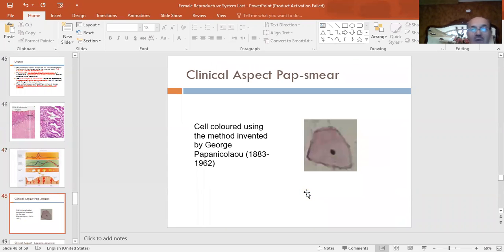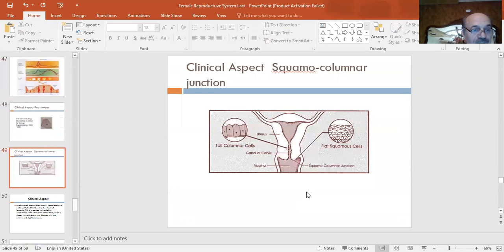All right, now a clinical application of the uterus is very important. You see at the junction in this diagram, at the junction of the cervix with the vagina, we have a transition from simple columnar epithelium in the cervical canal into stratified squamous epithelium in the vagina. And that junction usually is the most common site for carcinogenic transformation.